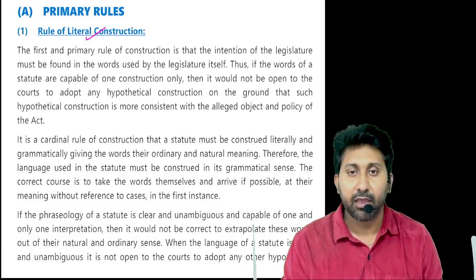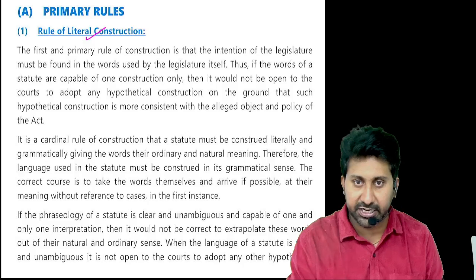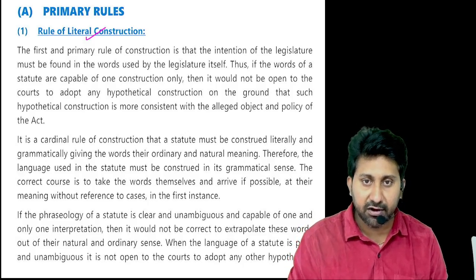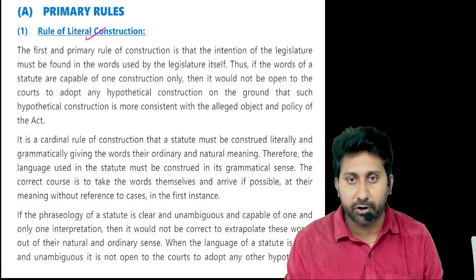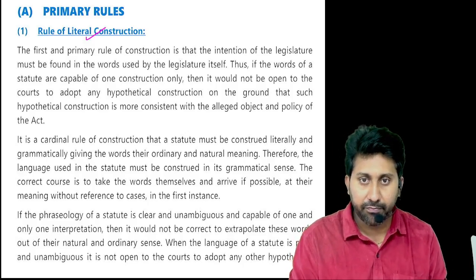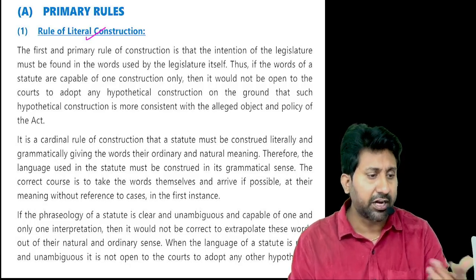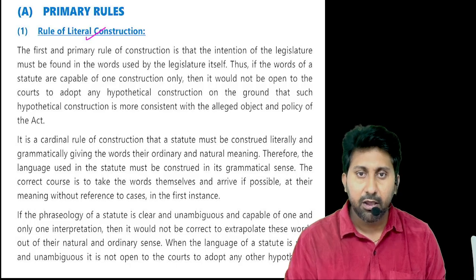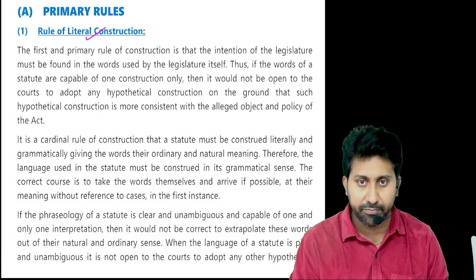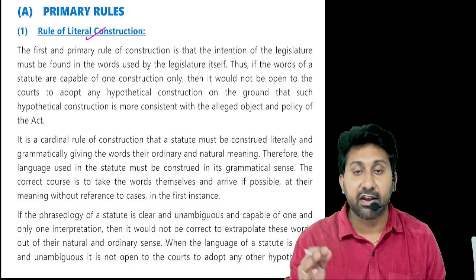Let me first explain; once you understand that, we will see the study material. Whatever is relevant from the exam point of view, we will write in short notes. Like that for all the 6 primary rules and the secondary rules, we will write short notes. In examination, if a question comes, we should be in a position to score that particular 5 marks given in the exam. With that intent, let us start with this concept, the rule of literal construction.